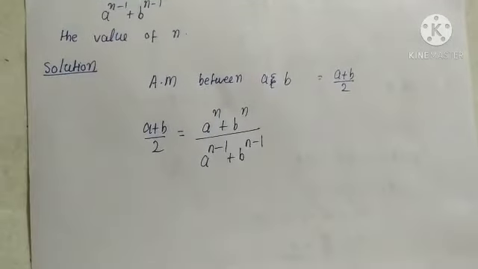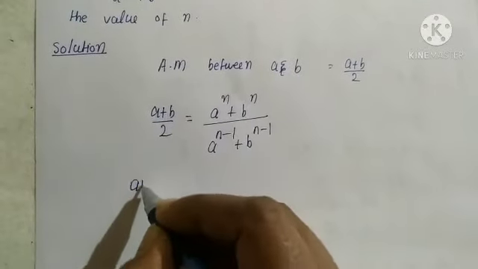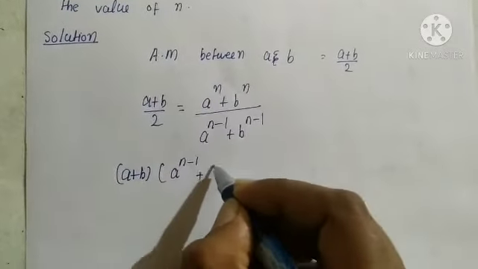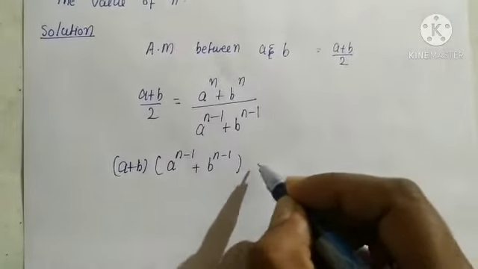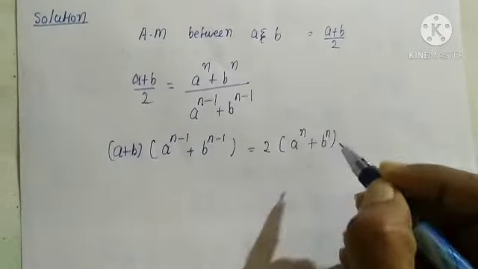Okay, so next I am going to cross multiply. So here we get (a plus b) into (a raised to n minus 1 plus b raised to n minus 1) equal to 2 into (a raised to n plus b raised to n).